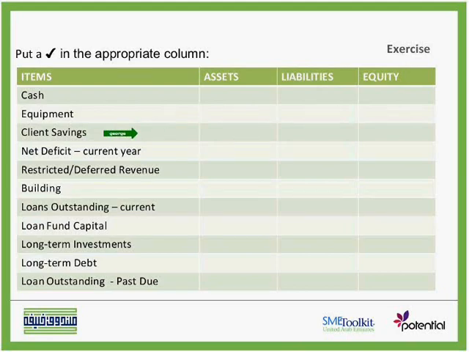What about the net deficit of the current year? We said in the income statement, it is revenue minus expenses. Revenue minus expenses equal profit. The profit will be added to the retained earnings. Thus, during a certain year, if the revenue is less than the expenses, and we went into a loss, that loss or deficit, we have to deduct it.